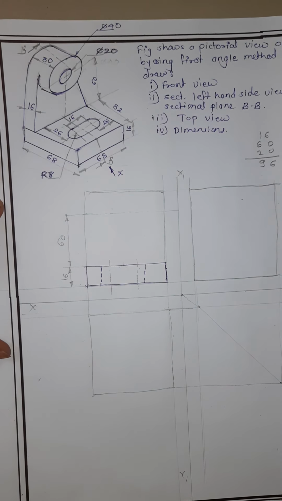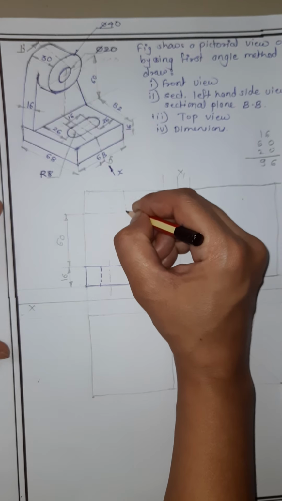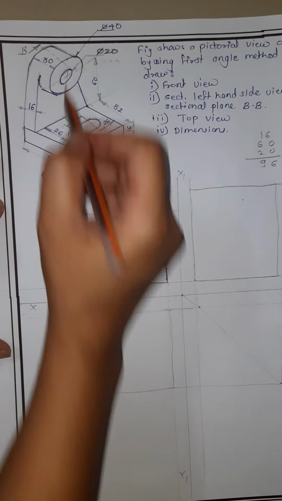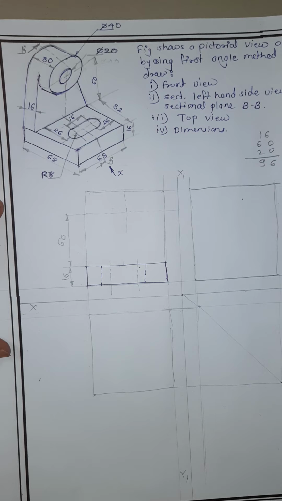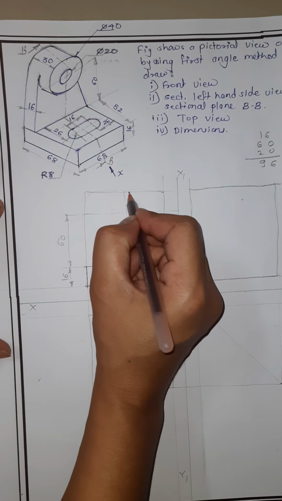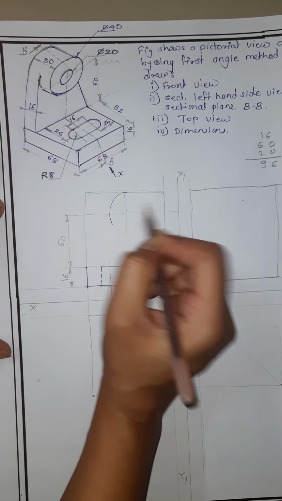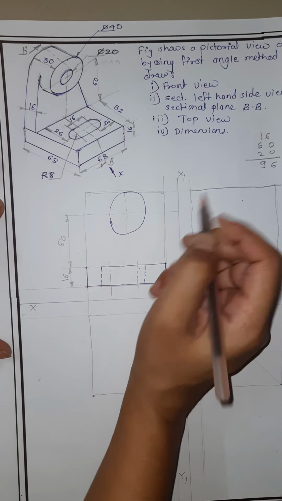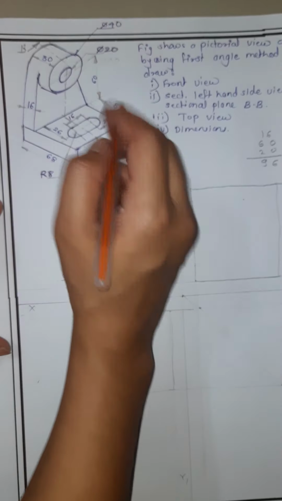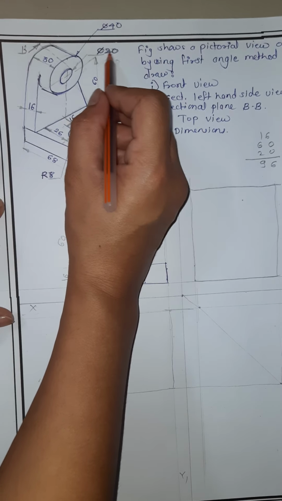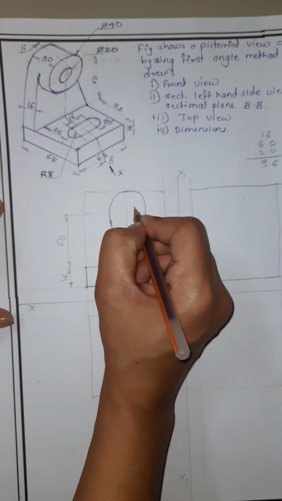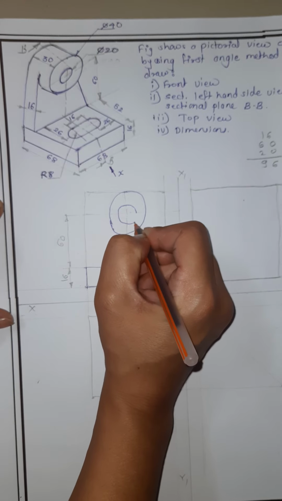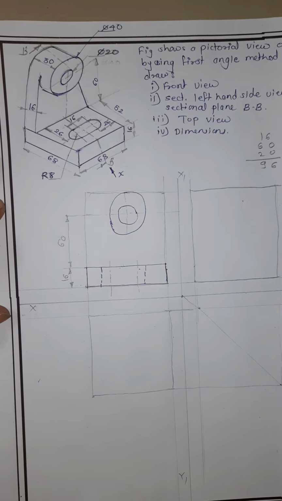Then we'll draw that surface. First we'll draw this outer circle whose diameter is 40. Then this inner circle has a diameter of 20.